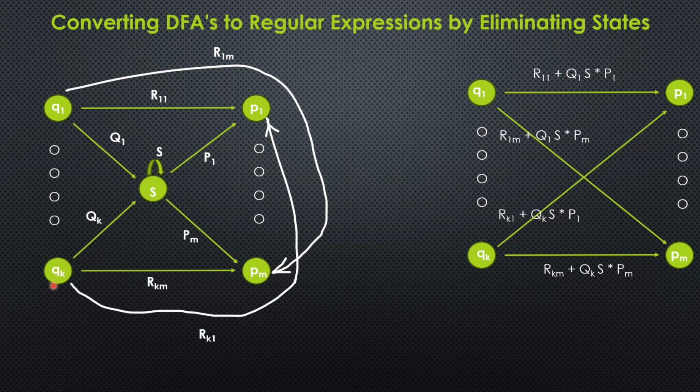The next transition is from QK to P1, which is RK1 plus QK S star P1. So like this, you can make the transitions.